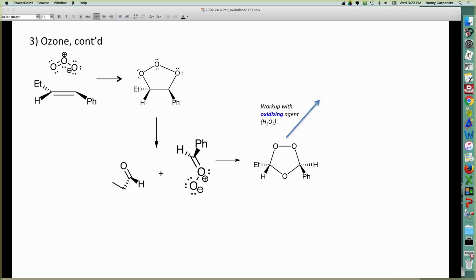You have, I hope you can see, a carbon that is in the +1 oxidation state.